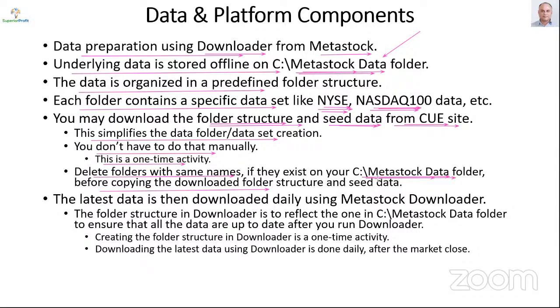So if you use those exact same names, NYSE, NASDAQ 100, as used by Q Global Market Breadth, and you store them in exactly the same location, then you have to move those folders to a different location and let these specific folder names be used by Q Global Market Breadth. Once the seed data is downloaded, the latest data is then downloaded daily by running the Metastock downloader.